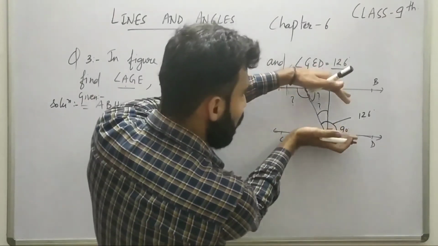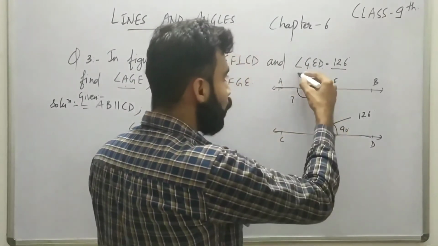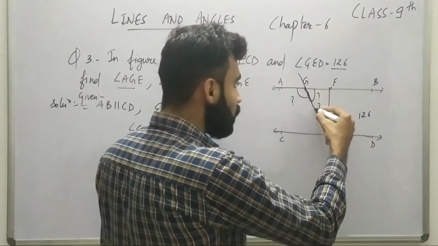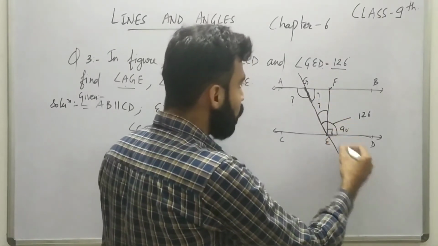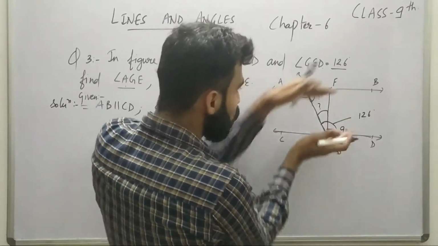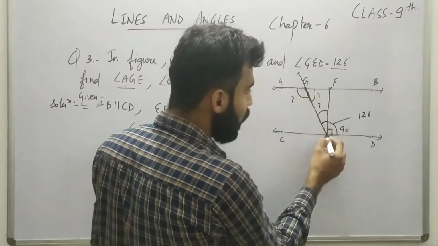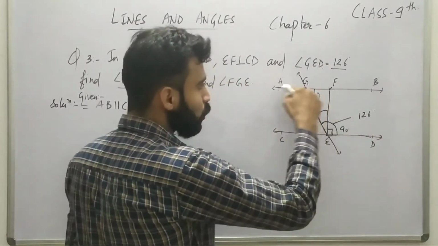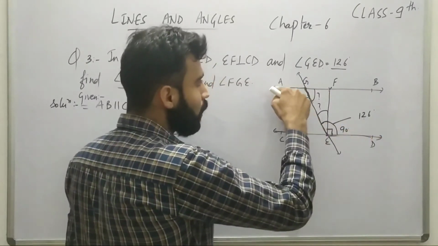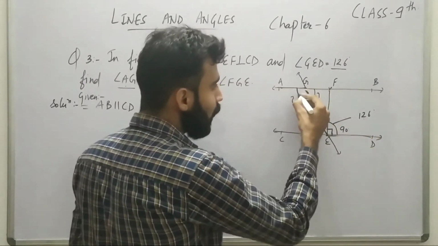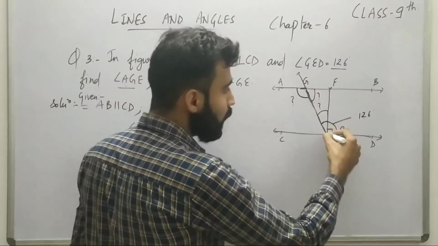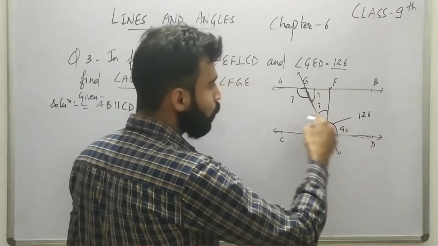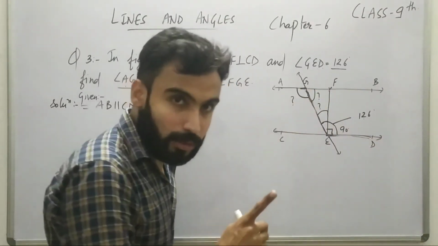If you can see here, AB is parallel to CD, and this is a kind of transversal which is intersecting both the parallel lines at G and E, right? So this Z structure is forming here. That means these two angles, angle AGE and GED, are going to be alternate angles, right?